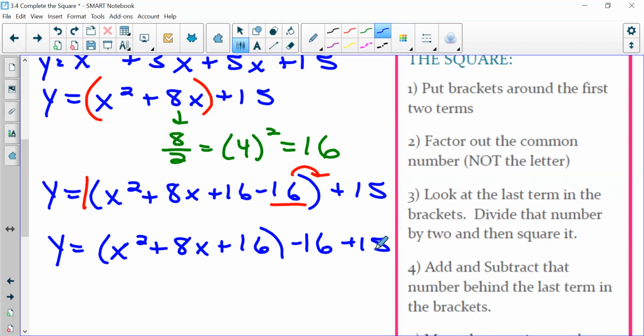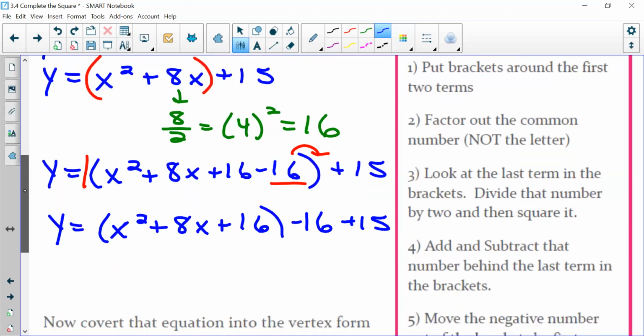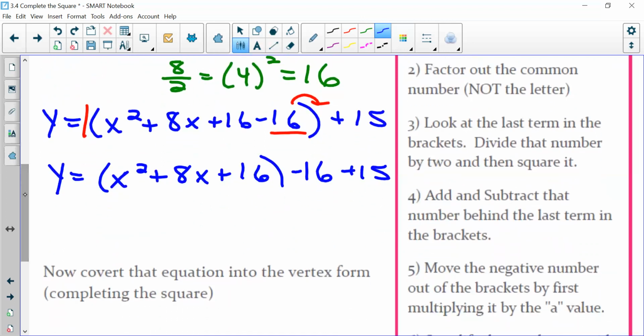Okay, what's my shortcut to factor this perfect square trinomial? What's the square root of x squared?